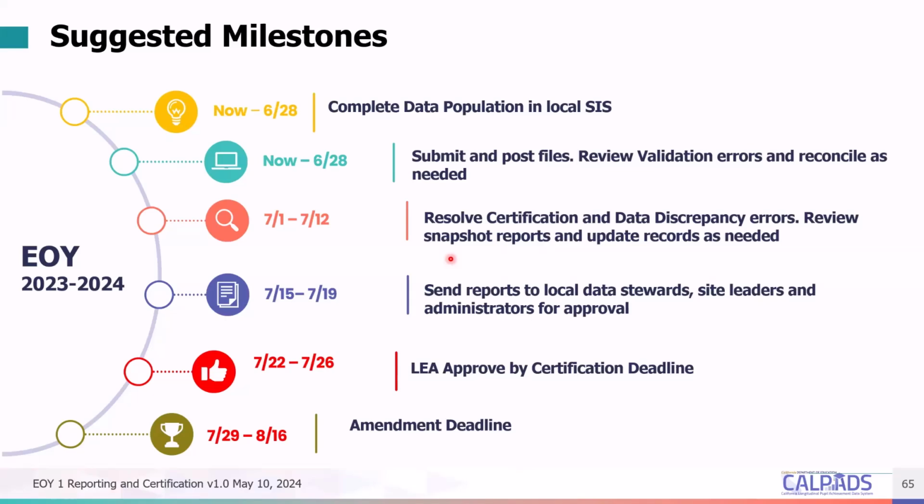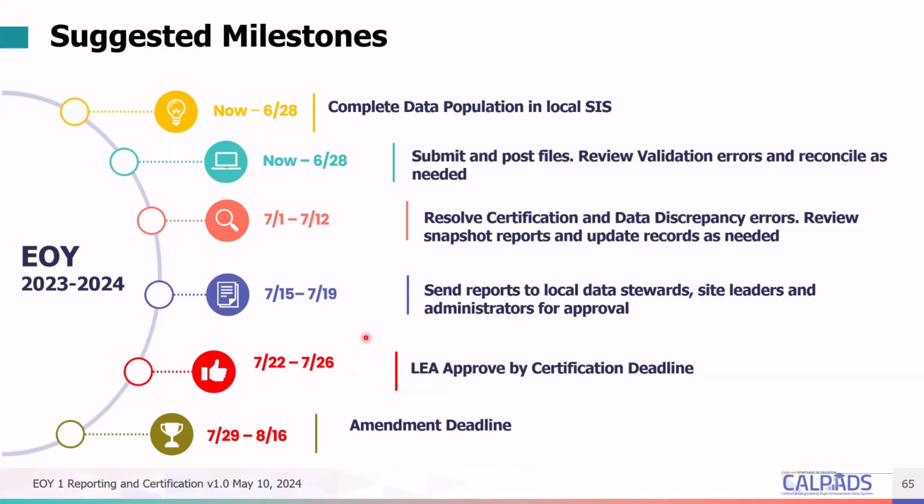So just a reminder, if by July 12 you still have certification errors, your LEA would then be flagged and endorsed to CDE, and CDE will then send you a letter. I believe that's what the policy is, saying, hey, you may be at risk of not certifying because it's just 2 weeks before the LEA approval deadline.